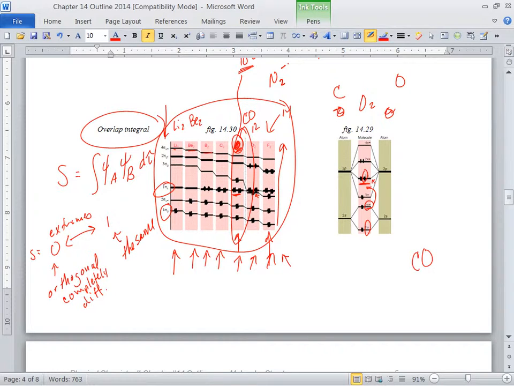CO. So that's what I think you've got to do. Say that it's isoelectronic with N2 minus. I think that's what I would do. So I'd still be using nitrogens. Or I guess you could say isoelectronic with O2 plus.